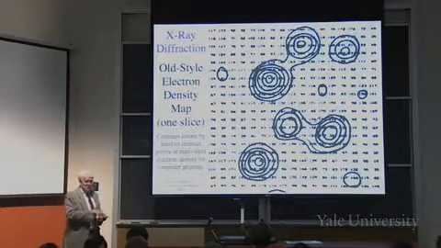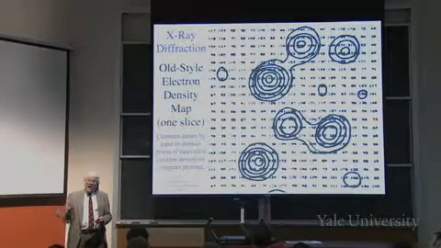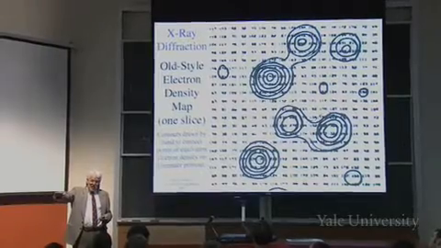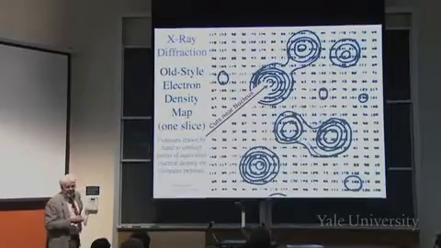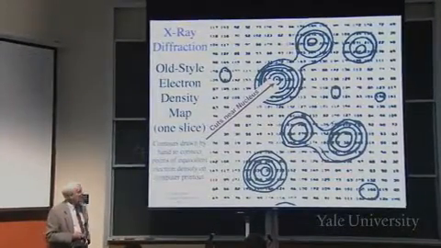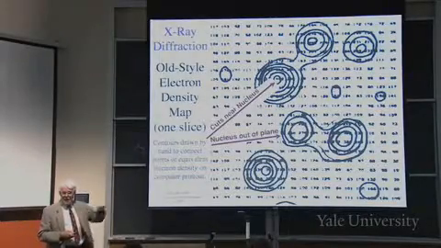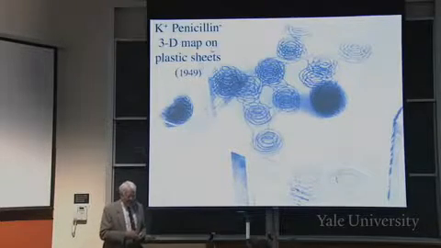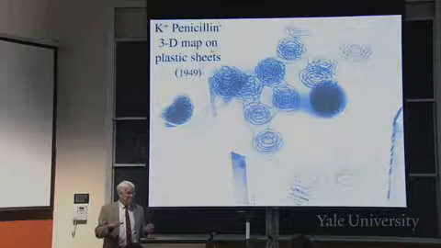Sometimes the particular slice you're working in went right through the middle of an atom, so you got very high electron density. Sometimes it just barely touched the atom, right? So you see here that atom, this particular slice was very near the nucleus, so we got high electron density. But that one, the nucleus was not in this plane, so you just got a little glancing blow at it. Okay? But you could draw these things on acetate or plastic sheets and stack them up, right?